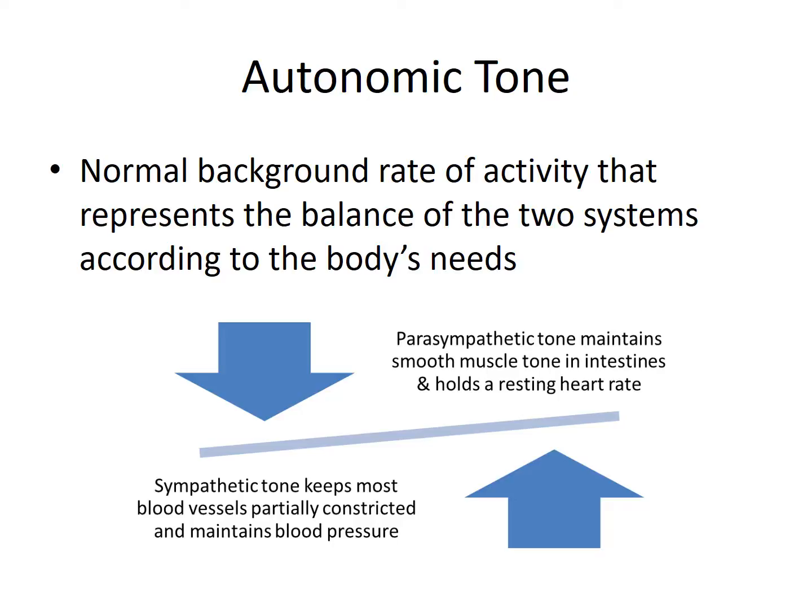Background rate of activation that represents a balance between the two systems, where the rates of activation of one subdivision versus the other subdivision can change based on the body's needs.